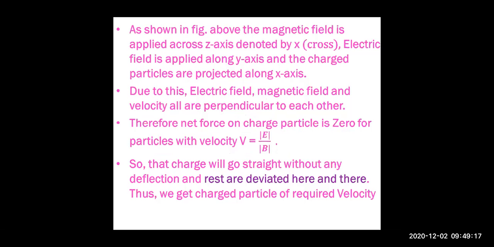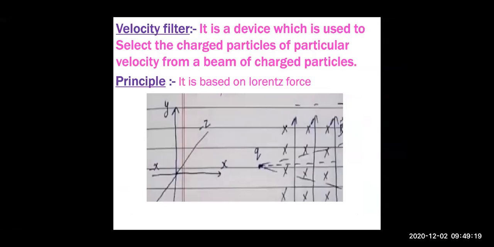Let me show you the diagram once again. Here you can see, children, I think the diagram is a little bit cut. So here we are putting a screen. Here, this red color line which I have drawn is a screen. And here you can see these yellow color particles, they are not having the velocity E upon B. Their velocity is not E by B, so they are getting deviated.